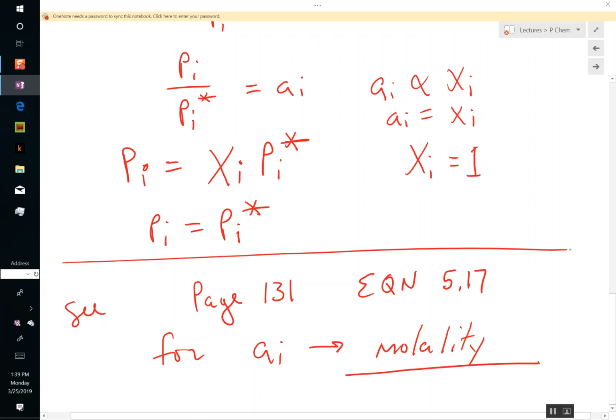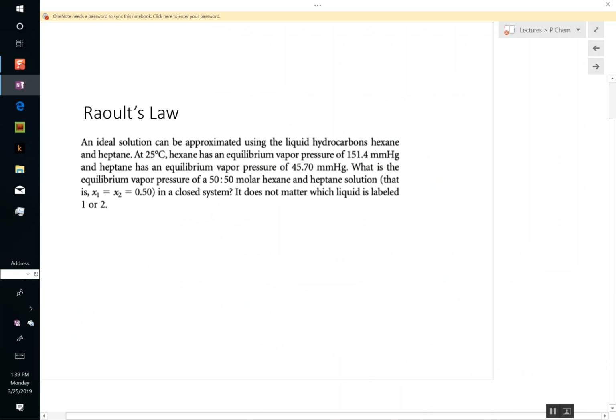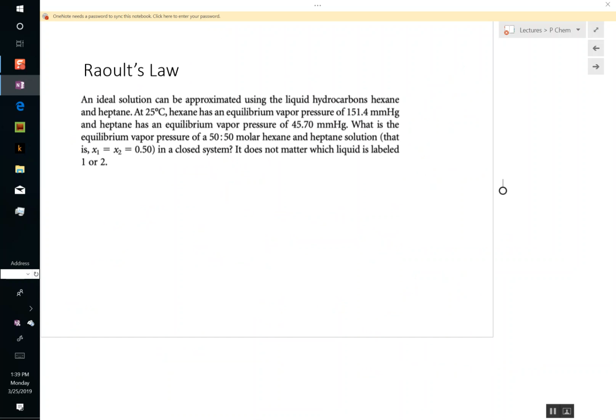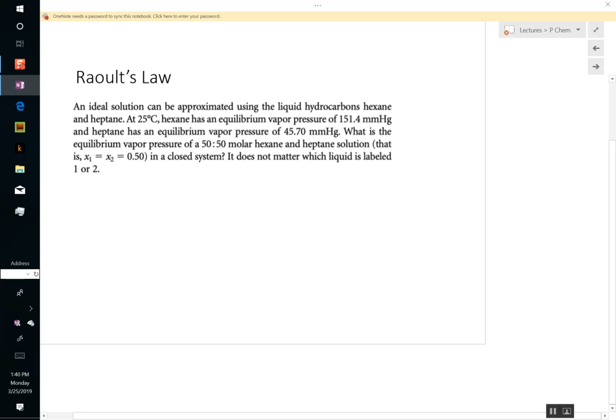All right, let's put that in the bin to ferret out a little more later. But this is Raoult's Law right here, and let's apply it. Here's an ideal solution, which can be approximated using the liquid hydrocarbons hexane and heptane at 25 degrees C. Hexane has an equilibrium vapor pressure of 151.4 millimeters mercury.